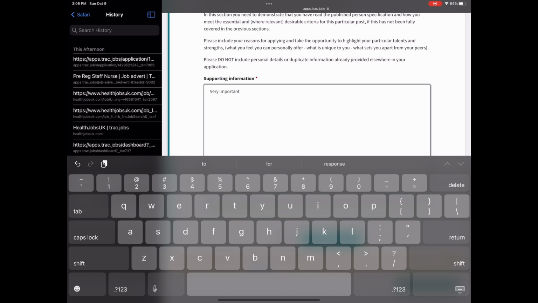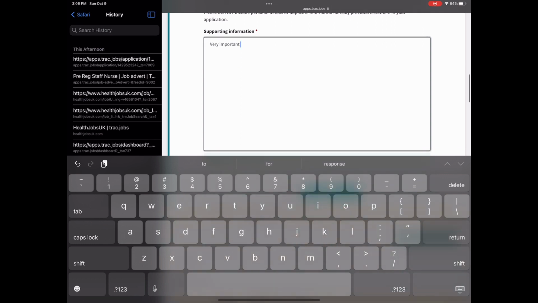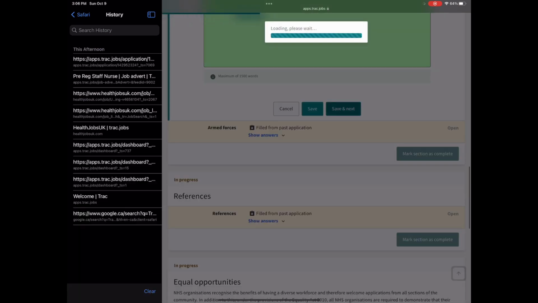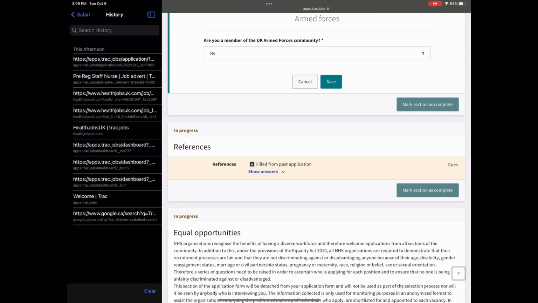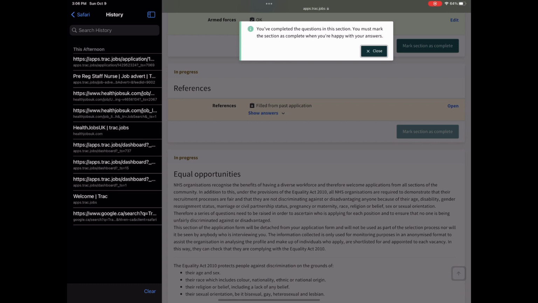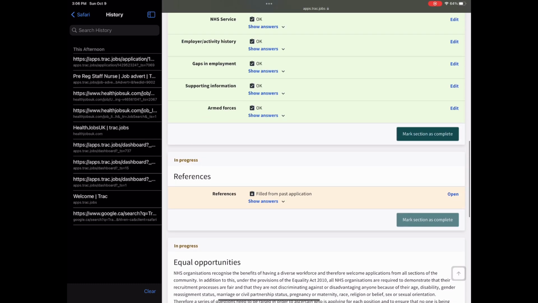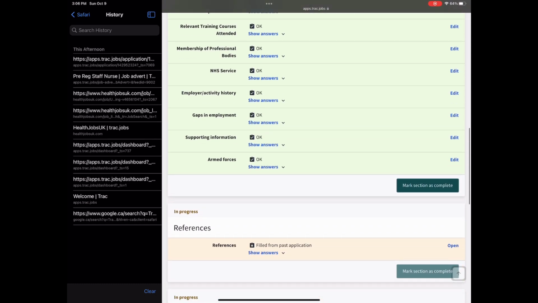It has to be comprehensive, so it should include your CBT you've passed, your IELTS, your decision letter, your clinical skills, the departments you've worked in, what you bring to the organization, what you expect to gain from them. It's a mutually beneficial arrangement. Now, that should be no. And then we're done with this section. Mark section as complete.